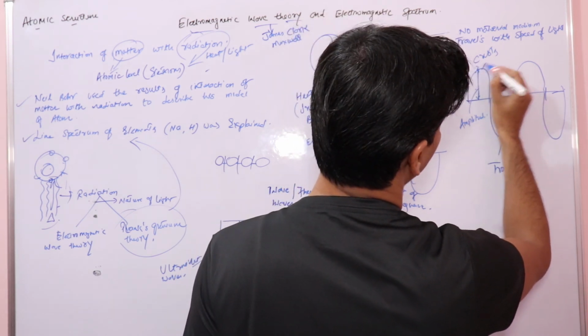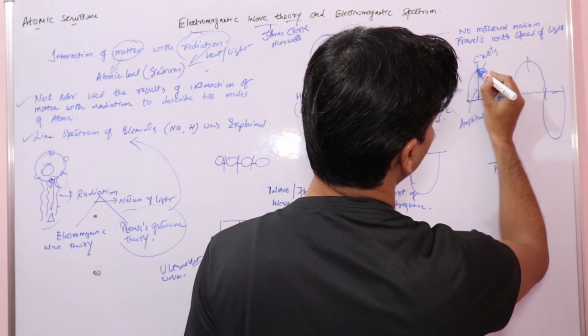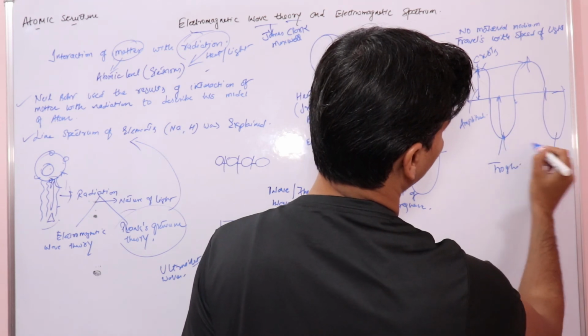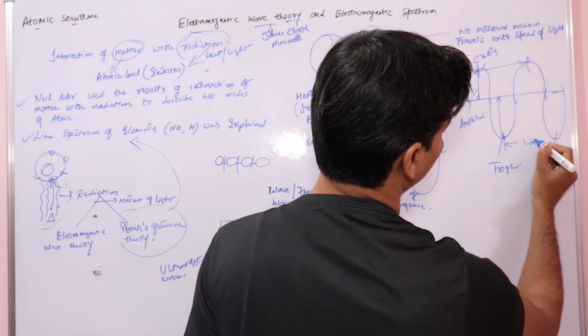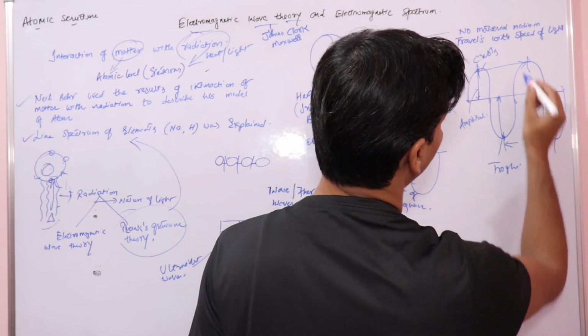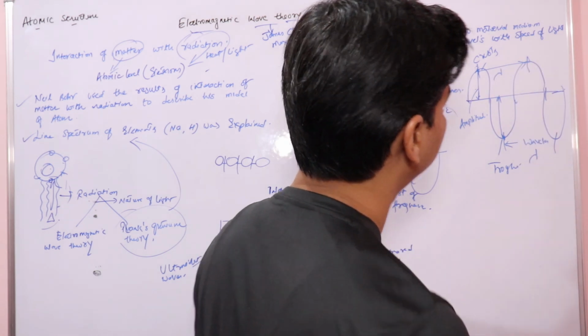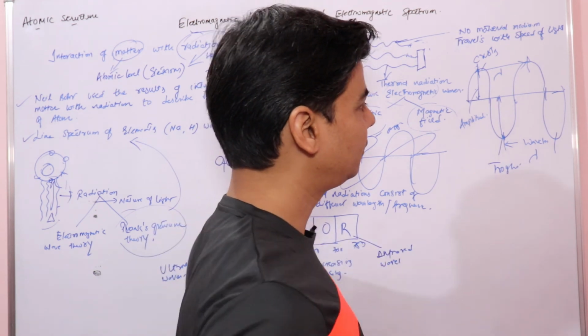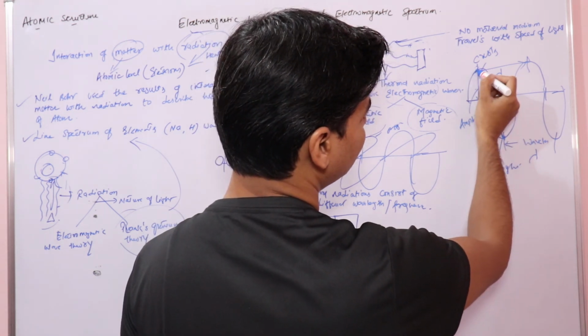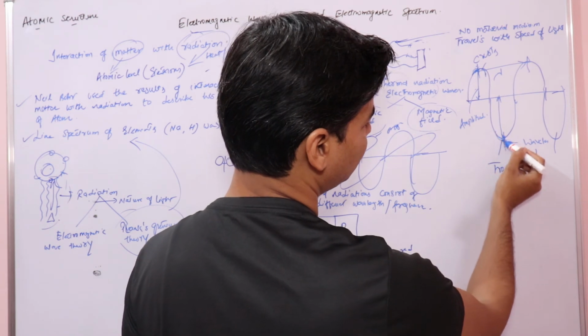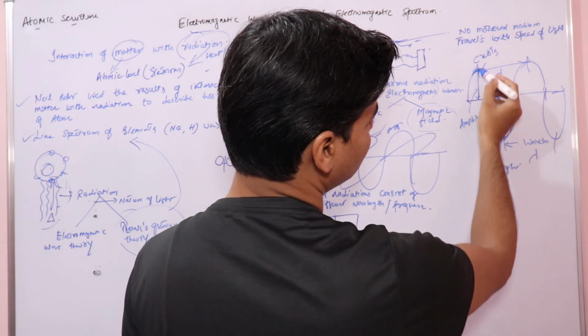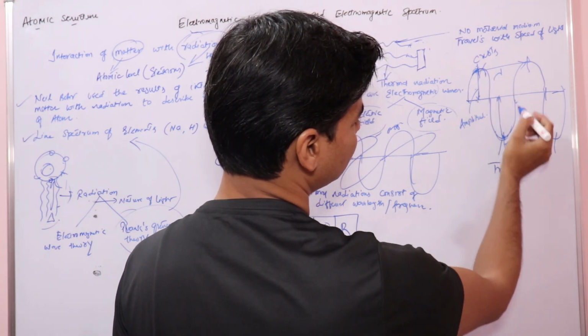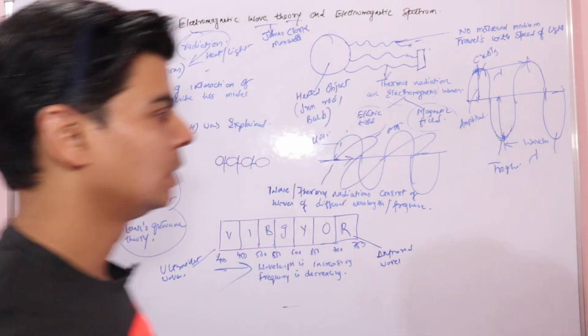The distance between two crests or two troughs is your wavelength, denoted by lambda, right? These highest points are crests and these bottom points are troughs, and this is your amplitude of the wave, right?